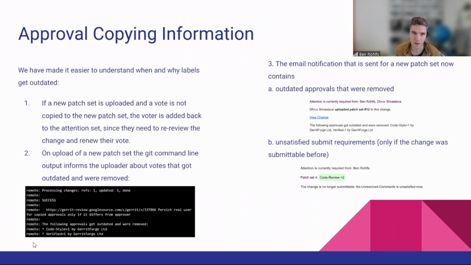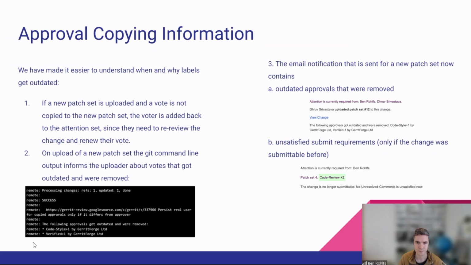And thirdly, you also get this in the email notification. On the one hand, you are told if approvals were removed, and you are also told if submit requirements are unsatisfied if a change has been submittable before. So you always have a clear understanding when something has changed in that area.